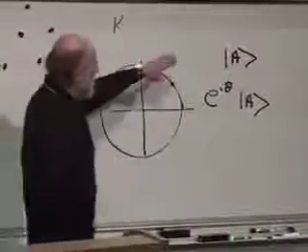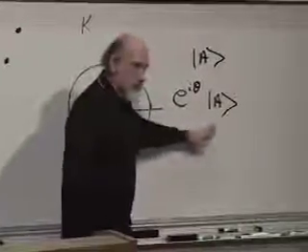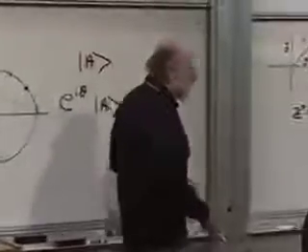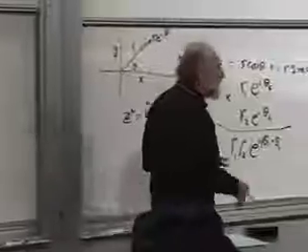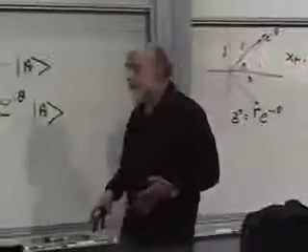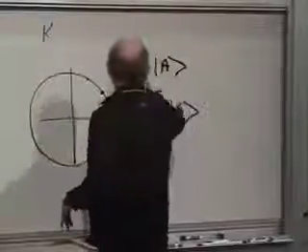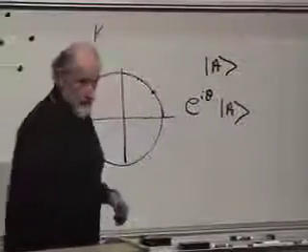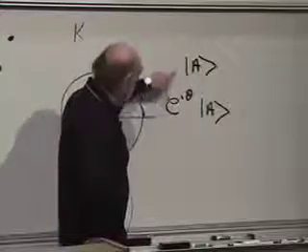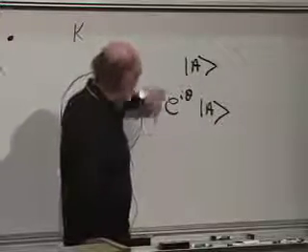This is a vector, this is a number times a vector. Formally speaking, they're two different vectors, just as a vector and twice the vector are two different vectors. So mathematically speaking, this vector is not equal to this vector. But all of the physical properties of these two are identical.